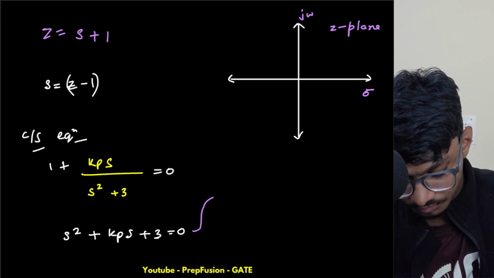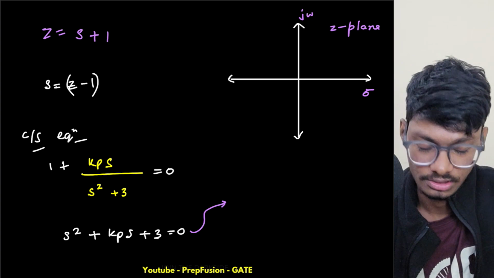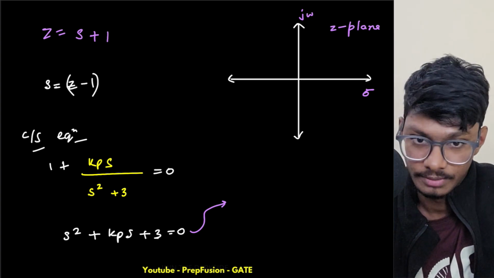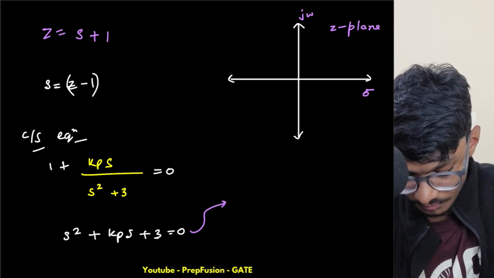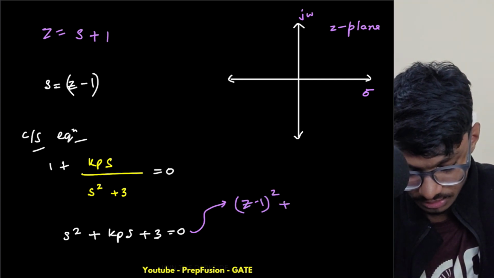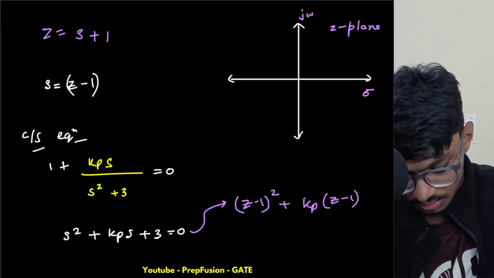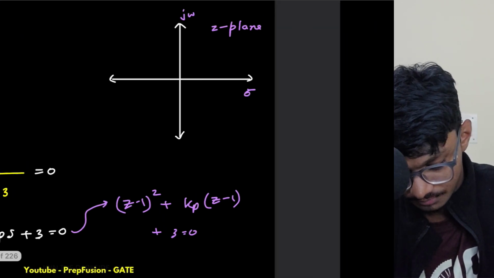Now we replace s with z and then apply the Routh-Hurwitz criterion. If I replace s with z, s equals z minus 1. So (z minus 1) whole square plus Kp into (z minus 1) plus 3.